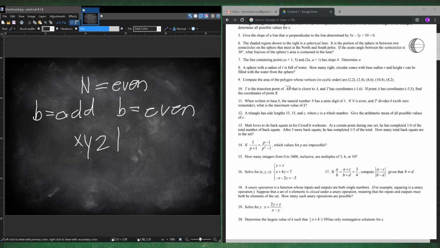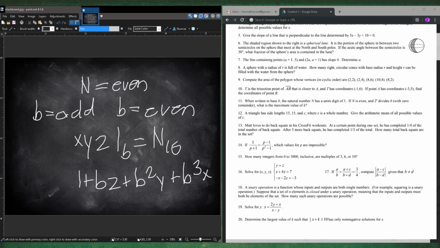So basically, to convert from base B to n, which is in base 10, you just have 1 plus b times z plus b squared times y plus b cubed times x. You see how that works? Because it's the 0th place, 1st place, 2nd place, 3rd place. So 3rd place, b cubed x. 2nd place, b squared y. 1st place, b times z.